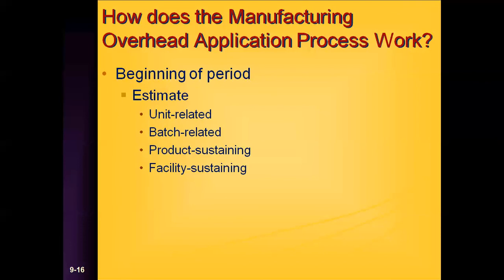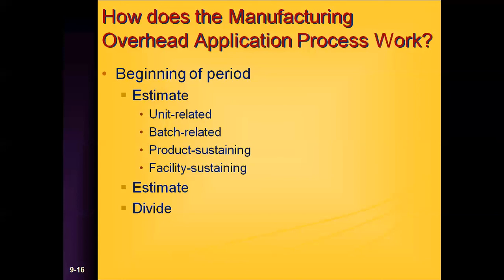So once you do that, then you are going to estimate the cost driver for each of those cost pools. Essentially what you're going to try and do is come up with a number, which in this case is called a cost driver, which relates to each of these. How does a unit related or batch related or product sustaining or facility sustaining cost driver relate to a particular product line?